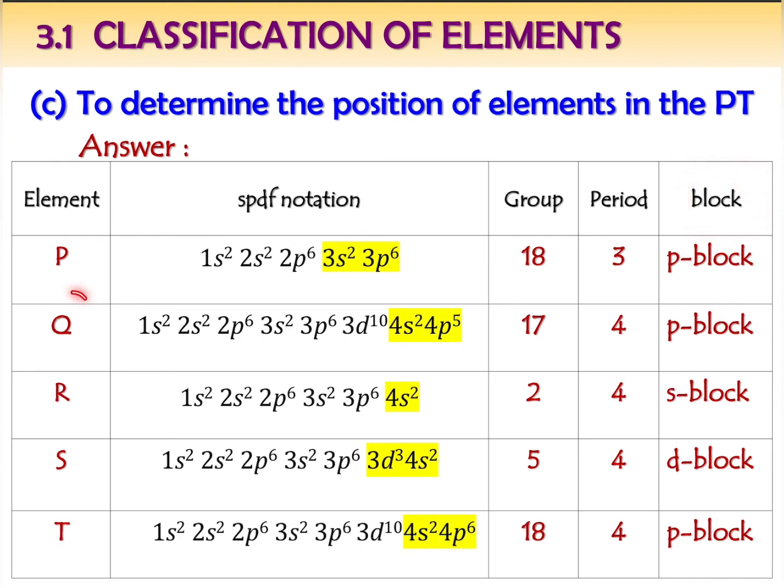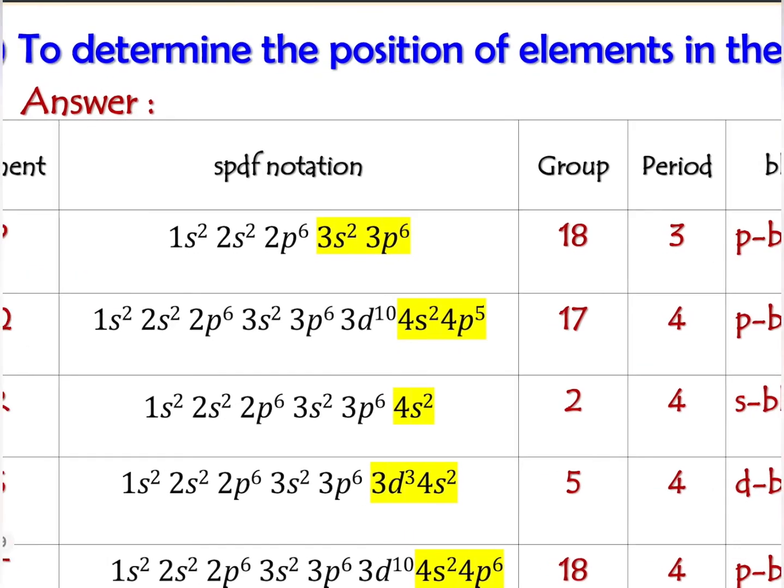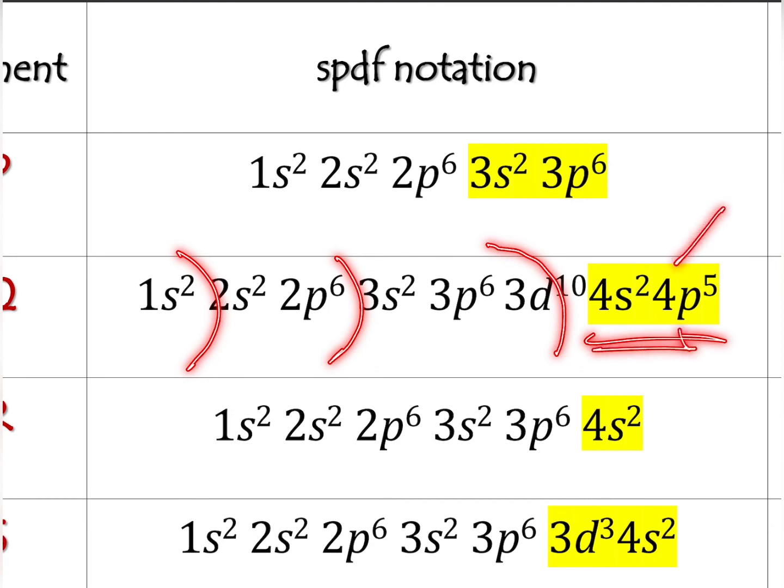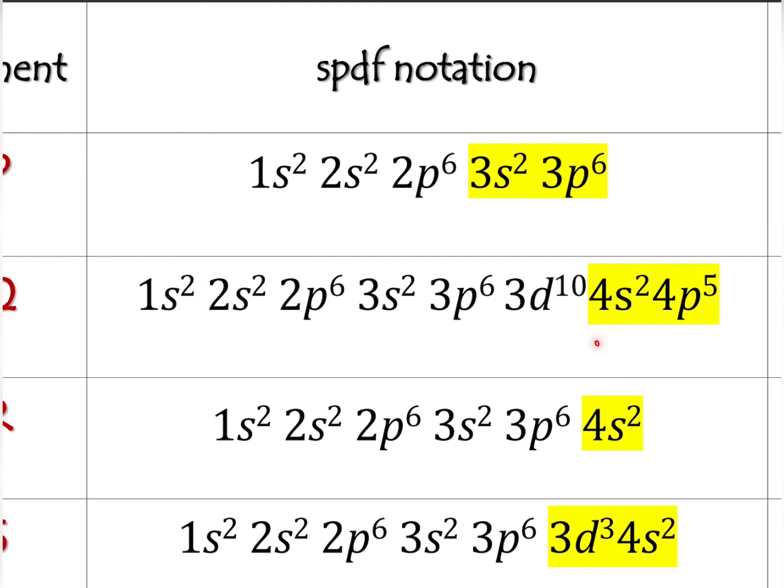Okay, so contoh elemen Q kan. So elemen Q, let's say, bila kamu tulis electronic configuration, first, second, third, fourth shell. So ini adalah berada di period 4 and the valence electron here adalah 7 valence electron. P block.